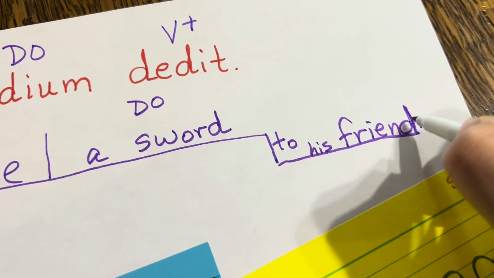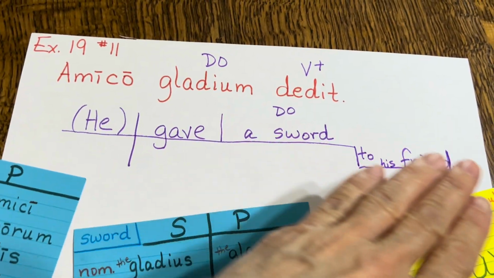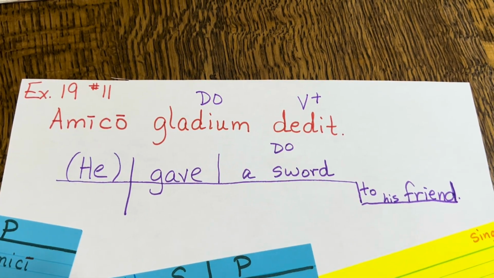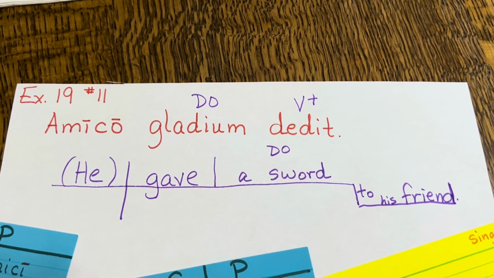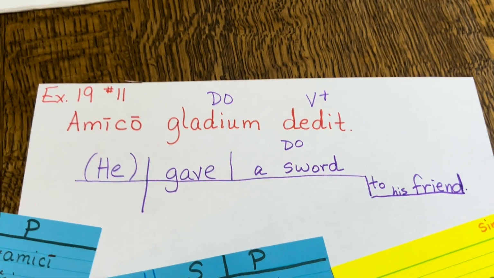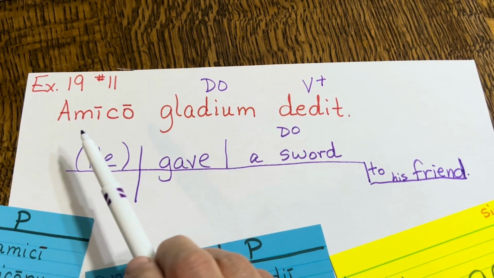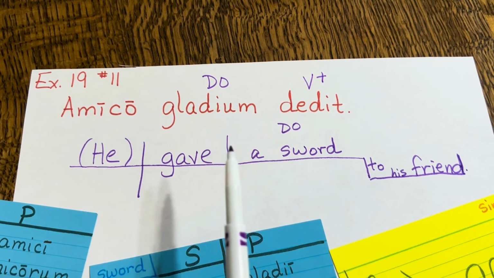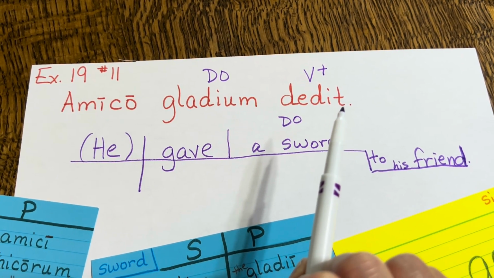Now, we can easily read this because we're so familiar with this diagram, we can read it just like in English. He gave a sword to his friend. Very easy. But we were kind of tricked because normally a sentence sometimes has a subject at the beginning. But the subject was hiding right inside here in our verb.